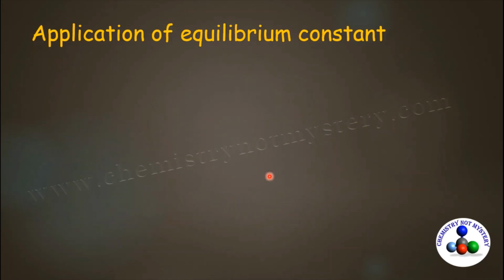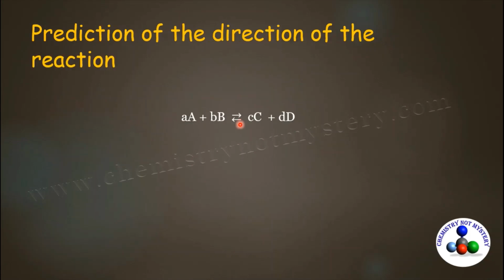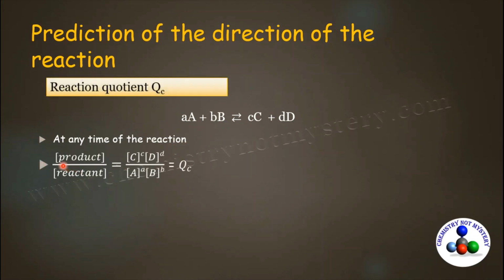So let's try to understand it by the application of the equilibrium constant. It helps you to predict the direction of the reaction and to know the extent of the reaction. For example, in this reaction, when you take the ratio of product and reactant at any time of the reaction, you will get concentration of product over concentration of reactant, or you can write it as concentration of C raised to c multiplied by concentration of D raised to d, divided by concentration of A raised to a multiplied by concentration of B raised to b.